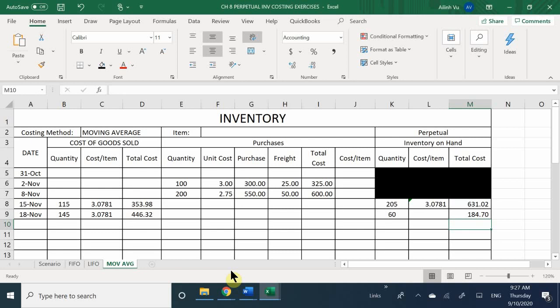It's supposed to be 184.70. Even punch this in your calculator: if you start with 631.02 and subtract 446.32, you should get an even number, because the two numbers end with 2, so it should be 0 at the end of the day.